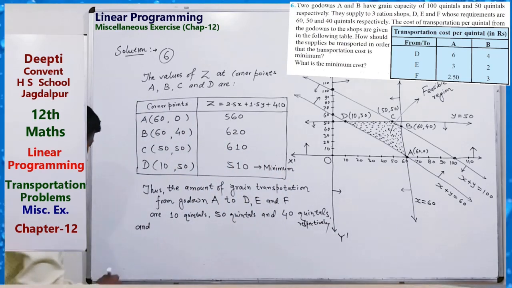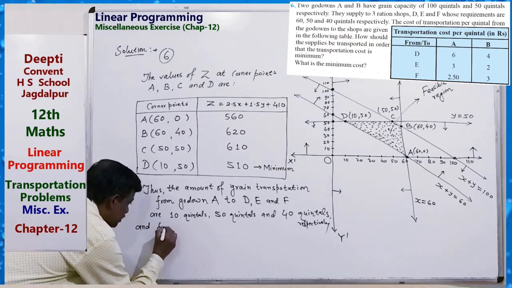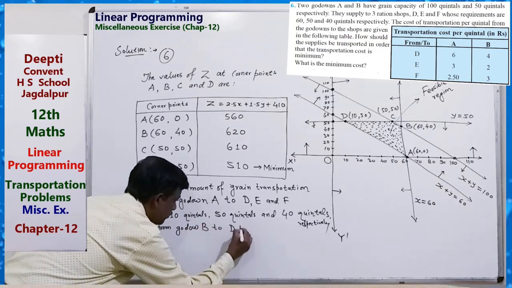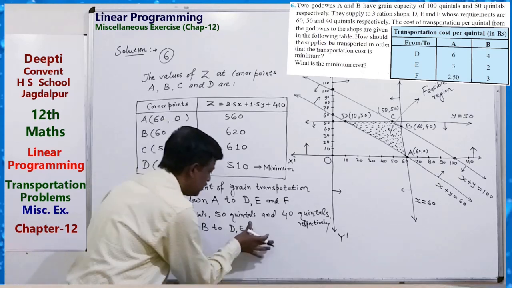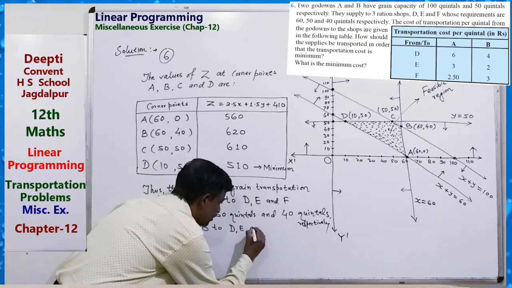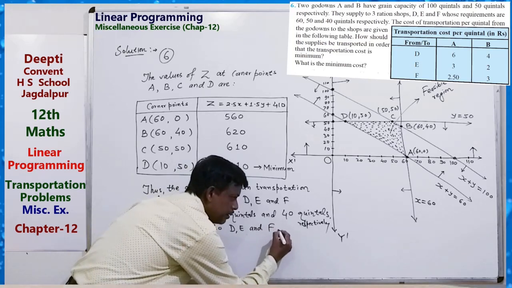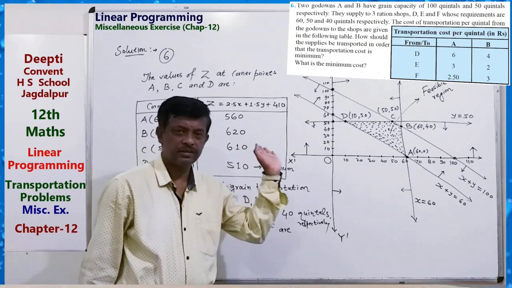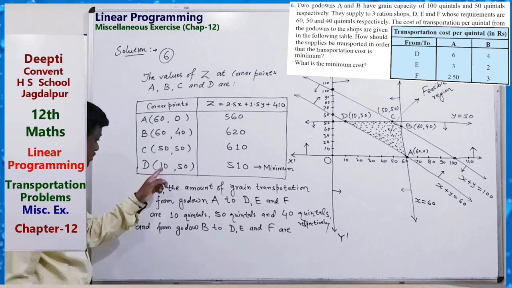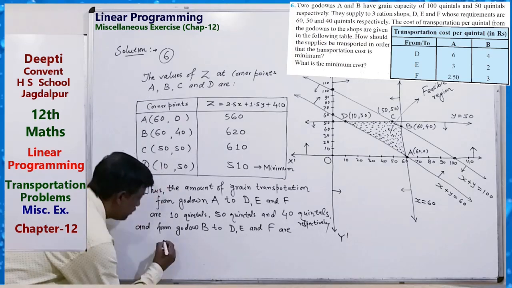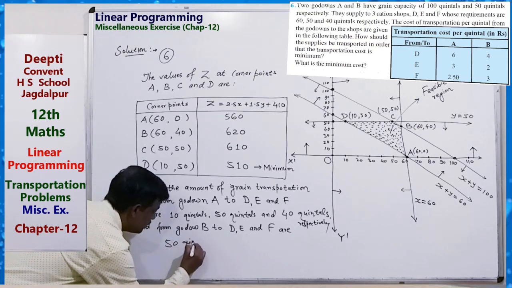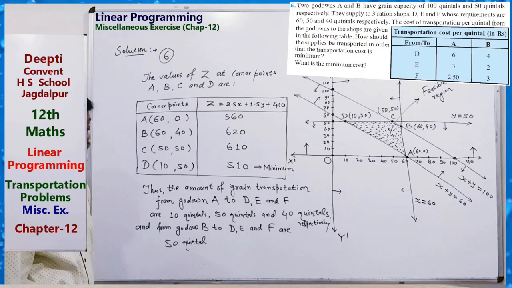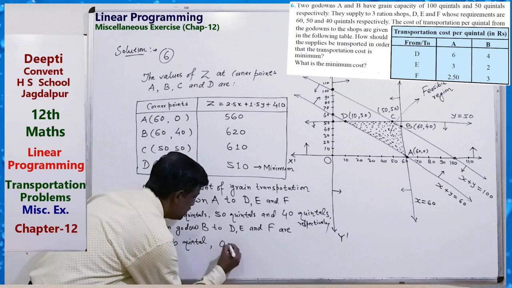And also from godown B to D, E and F, there was 60 minus x, that is 60 minus x means 50 quintal, and 50 minus y, 0 quintal.